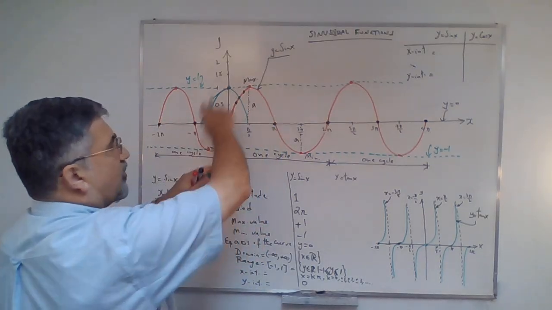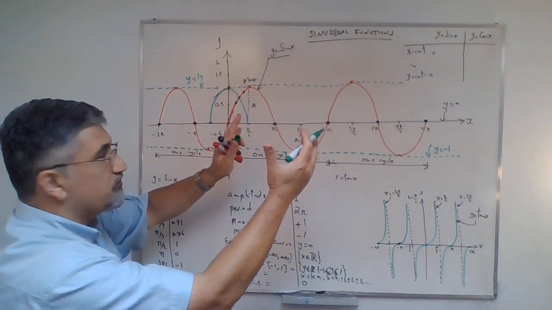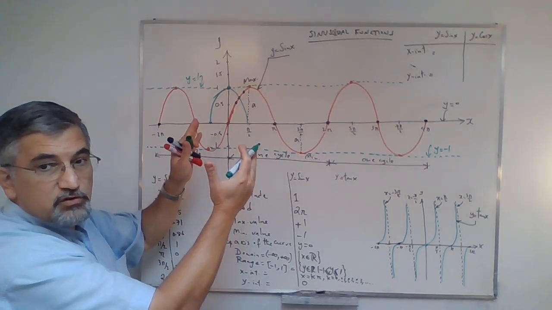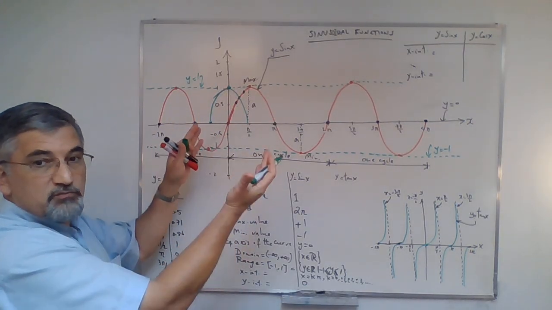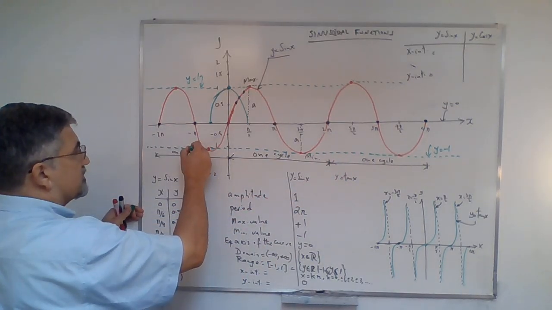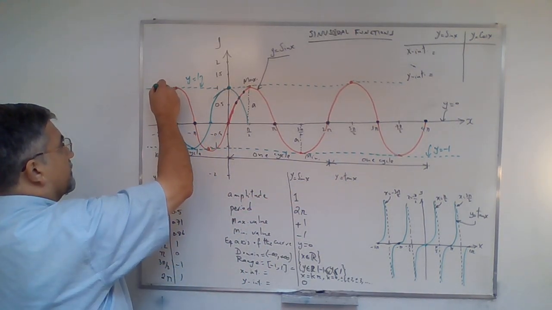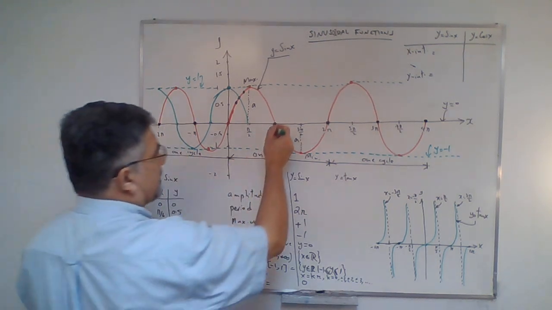So see this arc on the right, the red arc. I'm just shifting this arc pi over 2 units, that is 90 degrees, to the left. That's all I'm doing, and I do this for the whole graph. So then, in that case, the graph would look something like this, okay? The green graph.